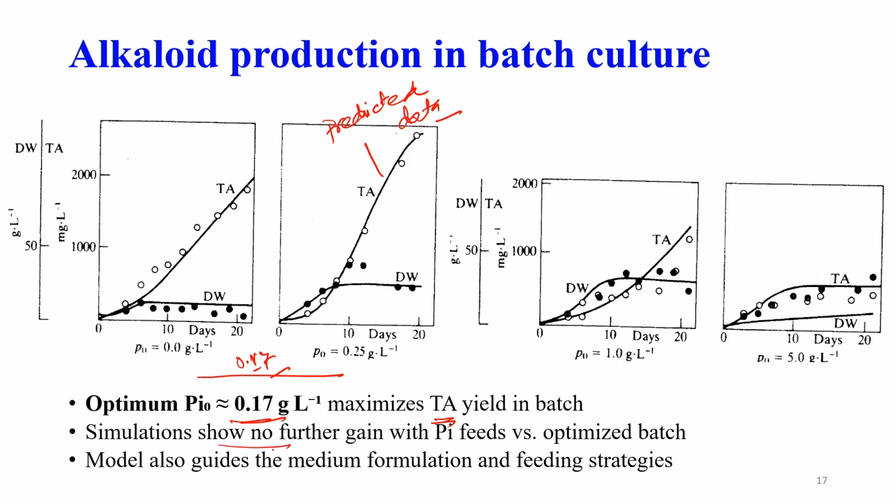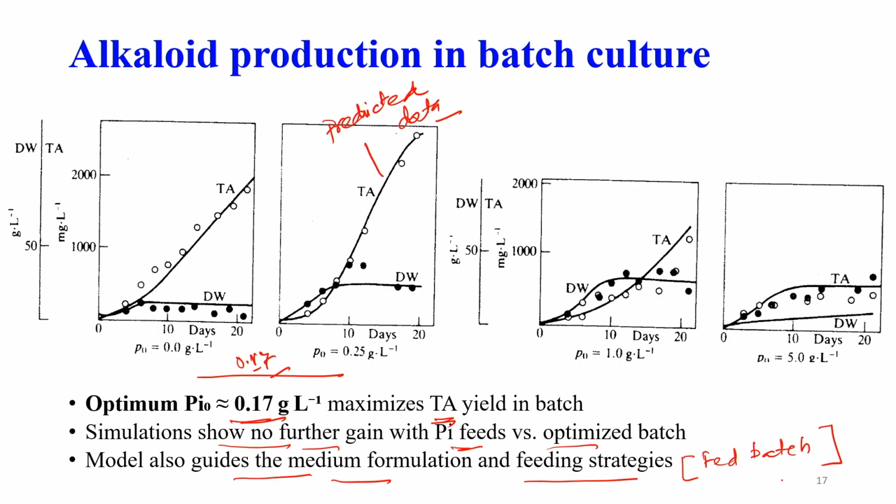Further, it also indicated there is no further gain in product with an increase in phosphate concentration. The additional information we are getting here is that this model guides the media formulation, and it also helps in the feeding strategy, particularly when we discuss fed batch culture.